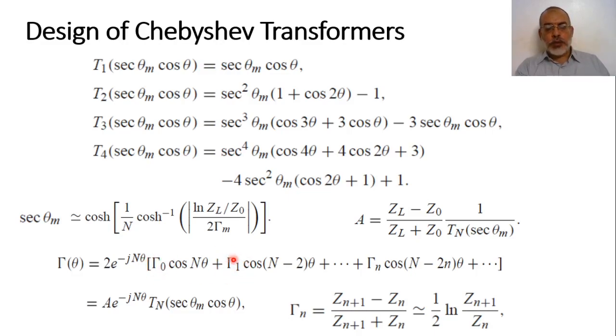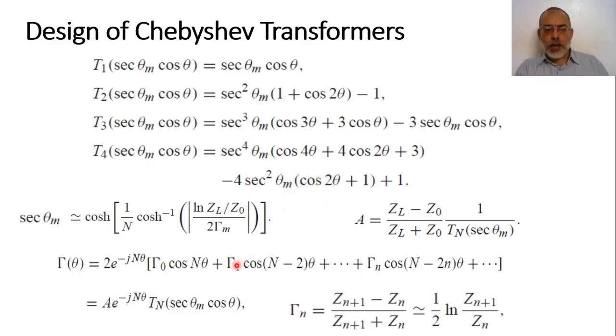Gamma 1 would be multiplied by cosine n minus 2. We are assuming that we are talking about n capital equal 4, so n minus 2 is 2. 2 here corresponds to this term and this term.